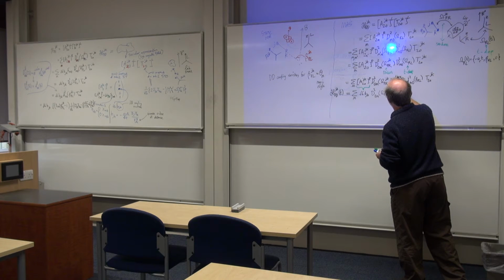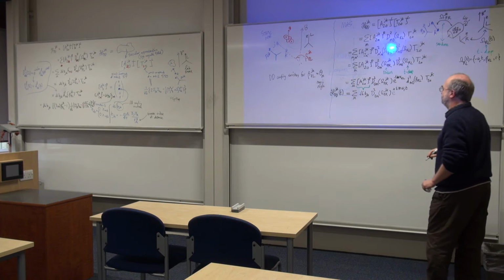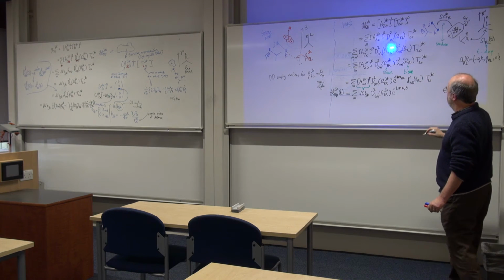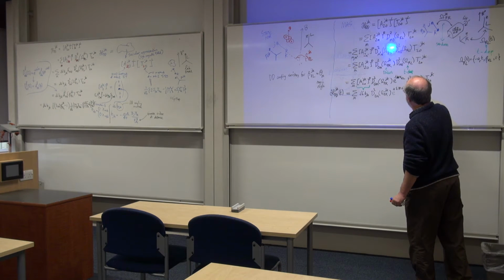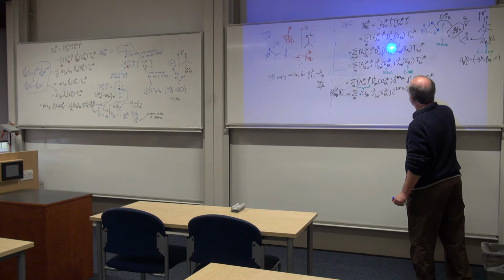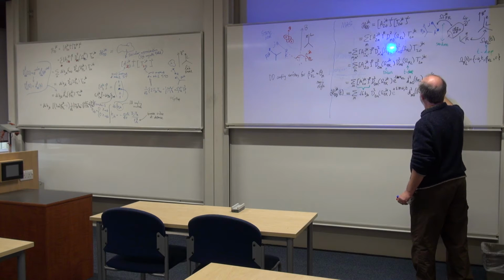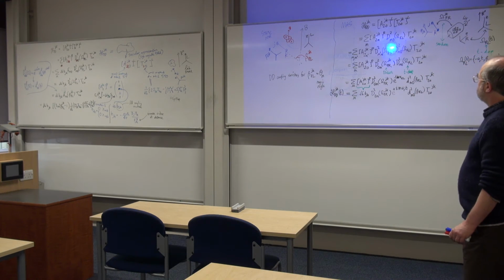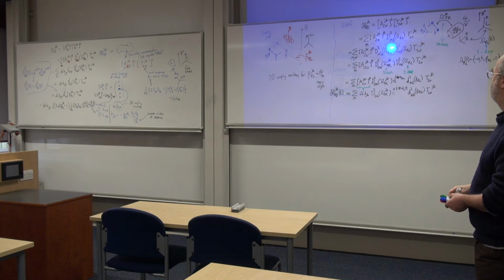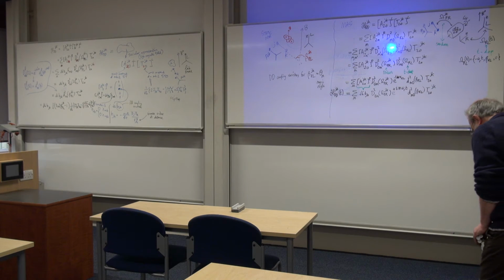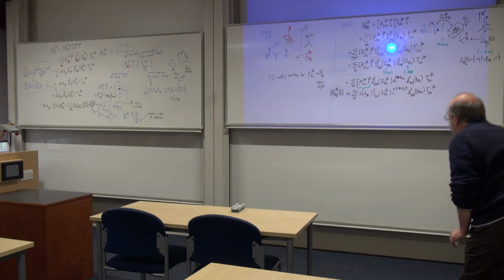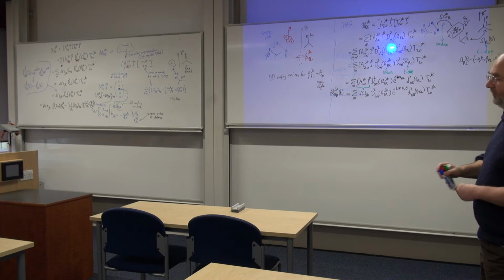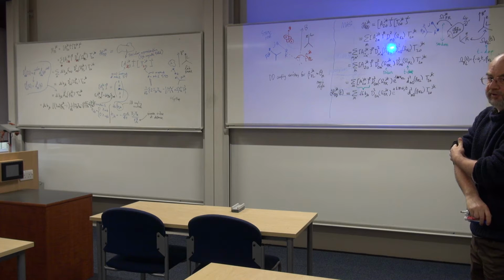So it's plus i m omega R times time. And then this Wigner stuff here. So this is the time-dependent Hamiltonian for a pair of interacting nuclei in a rotating solid.